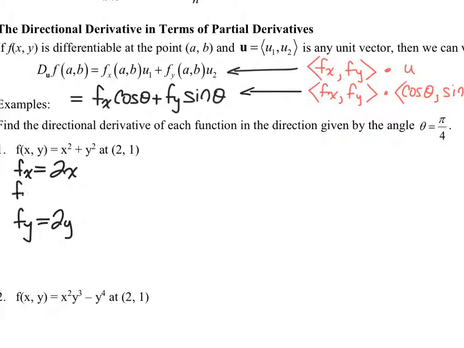But I also need it at the particular coordinate. When you're subbing in values, remember it's only the relevant values that you plug in. There's an x value and a y value. So if I plug in the x value here, I'm going to get a 4. And if I plug in the y value here, I'm going to get a 2.